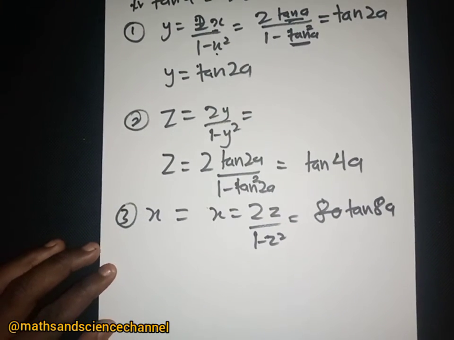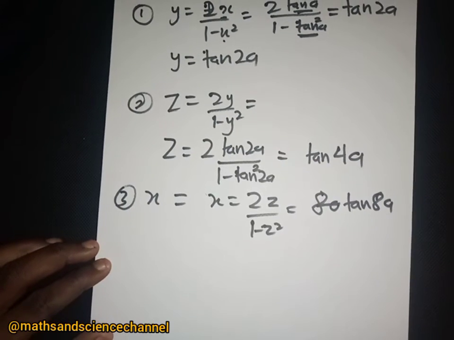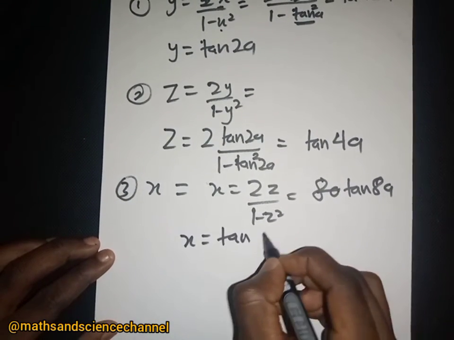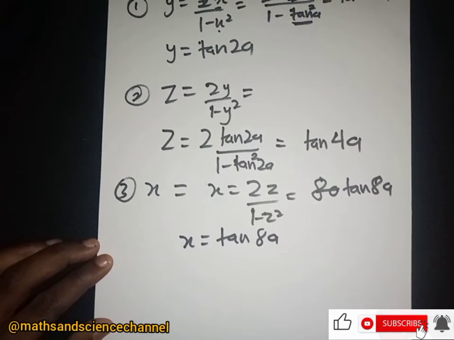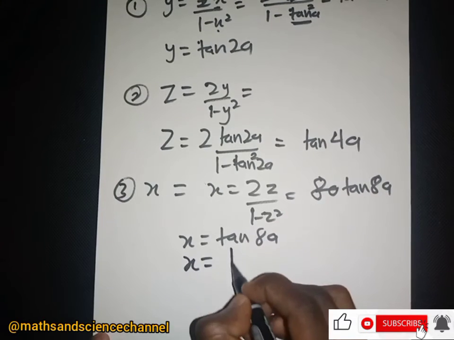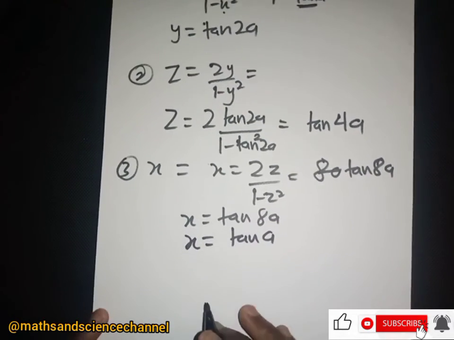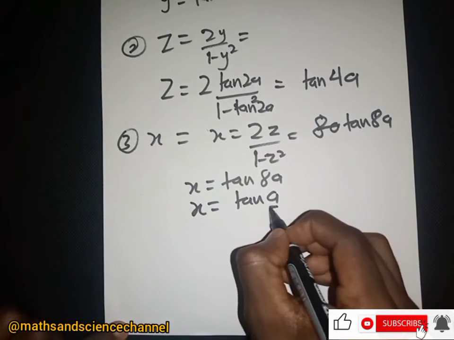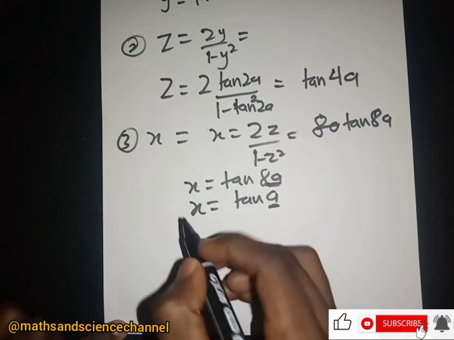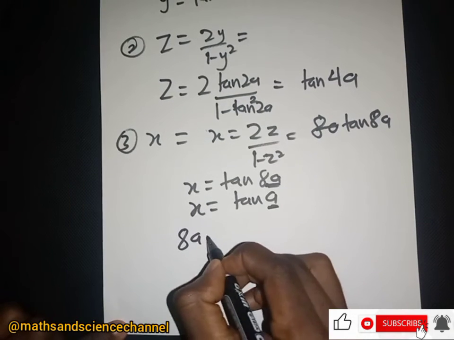Now we said that x for the last part is equal to tan 8a. Now what we're going to do is look for a. We also assumed from the beginning that x equals tan a. Now we have 8a and a over here, so we have 8a minus a.